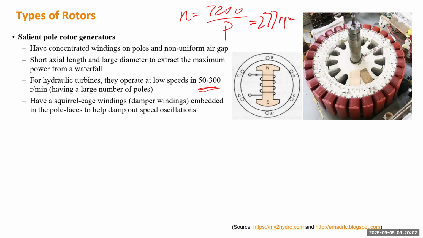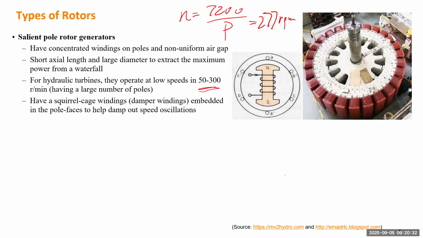To help stabilize the operation of a generator under some contingency condition, assume you have some disturbance near this generator. There may be either an imbalance or a sudden change in voltage or current that may cause the generator to oscillate, to vibrate. So one design, with a salient pole rotor generator, is called damper windings embedded into the rotor, in each pole.